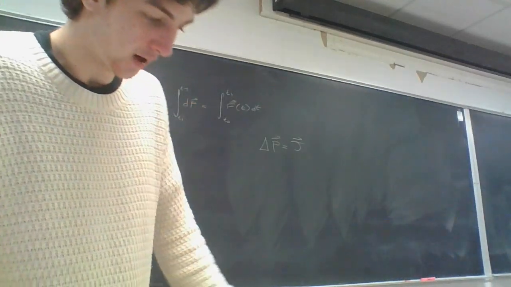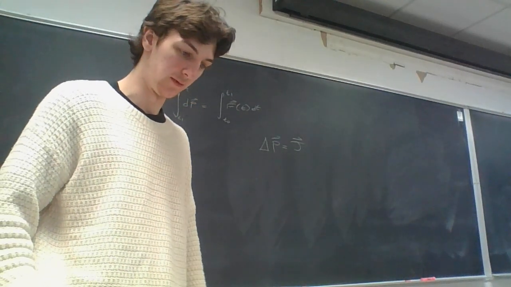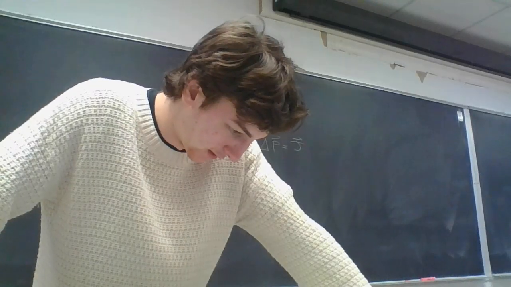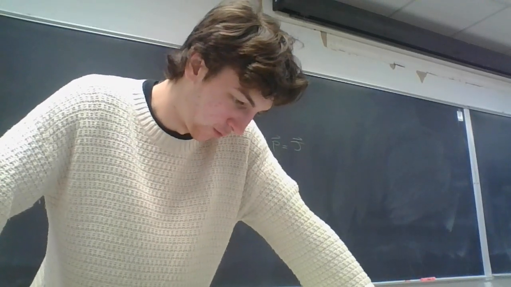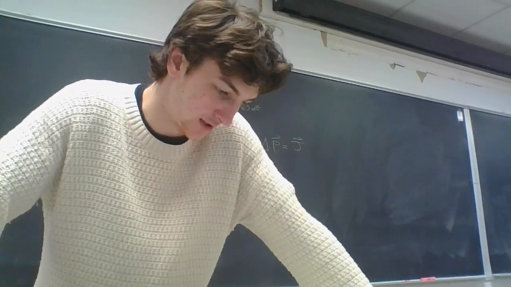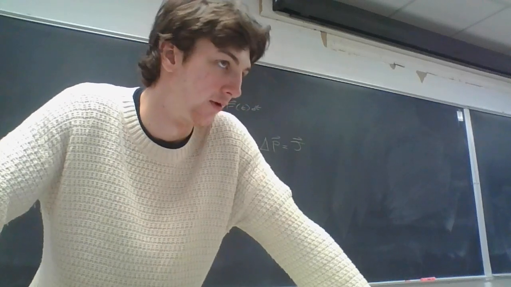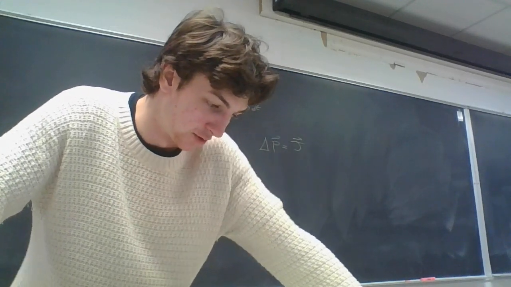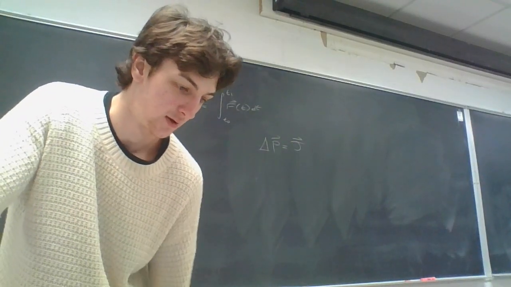So now we have conservation of linear momentum. I'm just going to read from the text here. Suppose that the net external force, and thus the net impulse, acting on a system of particles is zero. In other words, the system is isolated, and no particles leave or enter, so the system is closed.